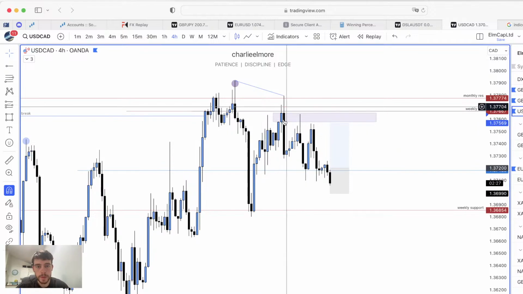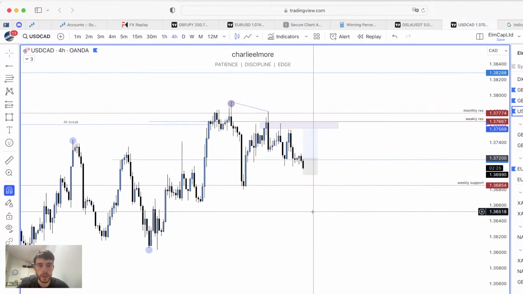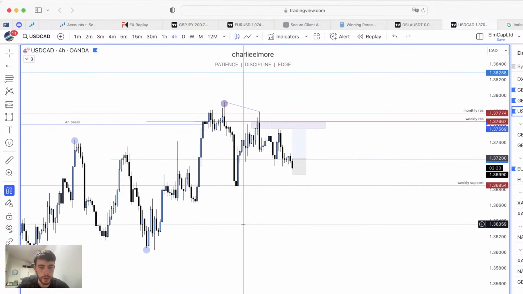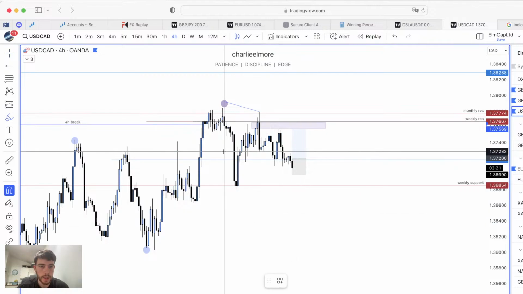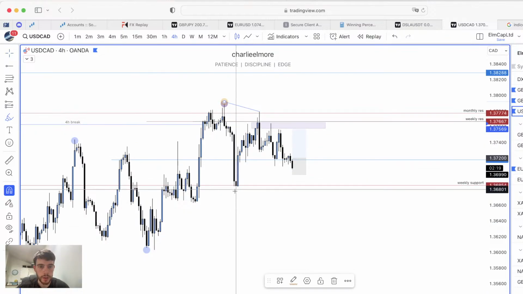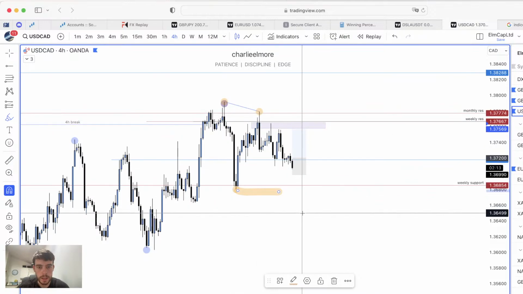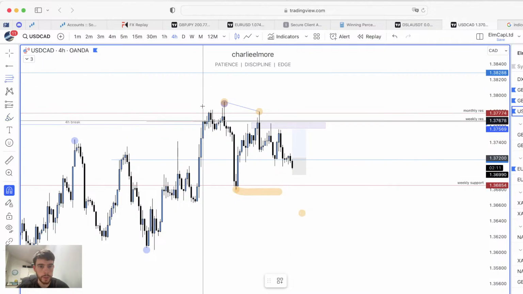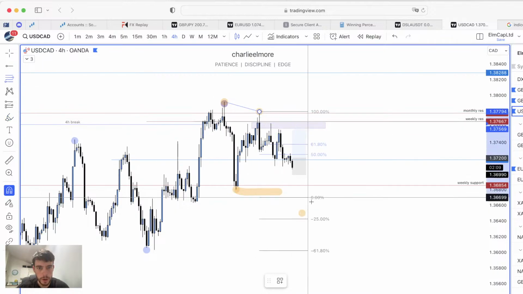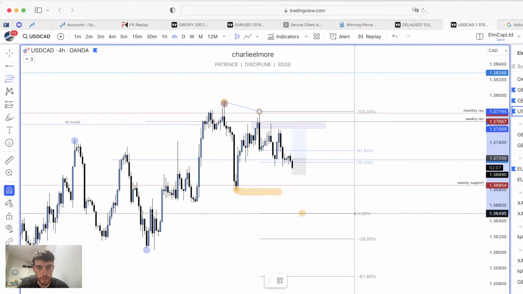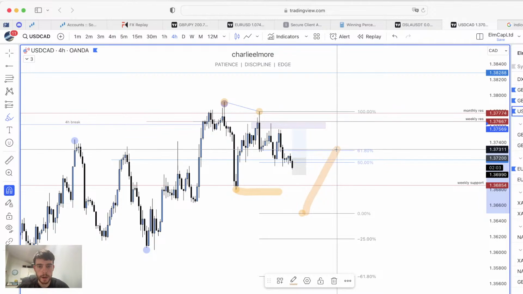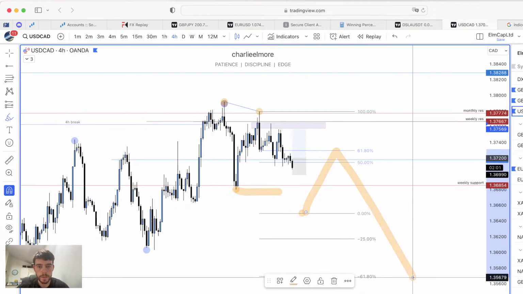If that then happens, then I'm going to be looking for a short opportunity, because at that point, this would be bearish structure. So that would be the high, the low, lower high, and then obviously if that low is then taken, then that would be the lower low. At which point I'd bring my Fibonacci from this low to wherever the low decides to print. Wait for a pullback and go short.